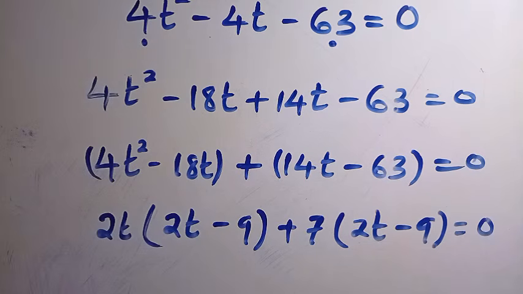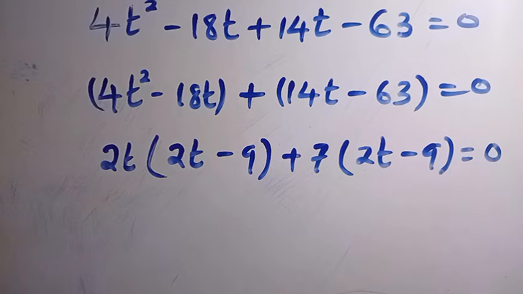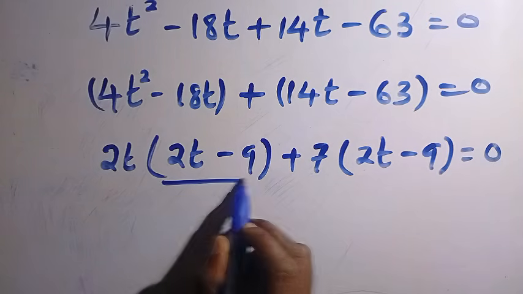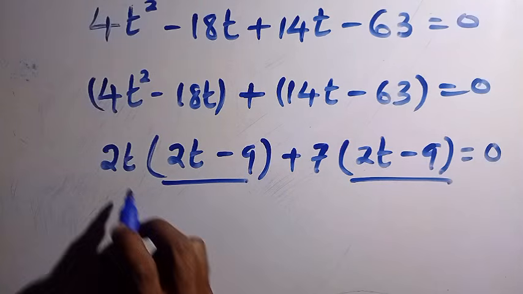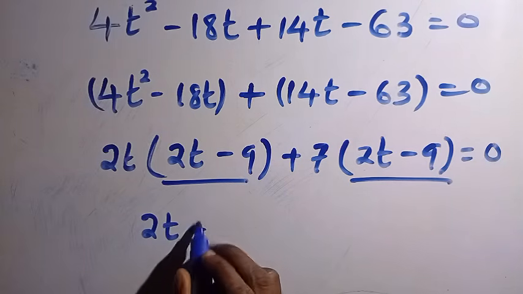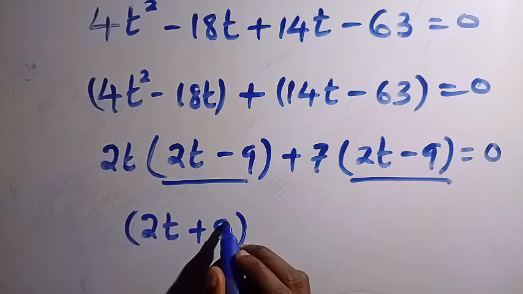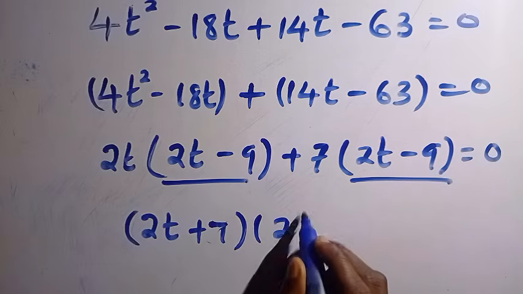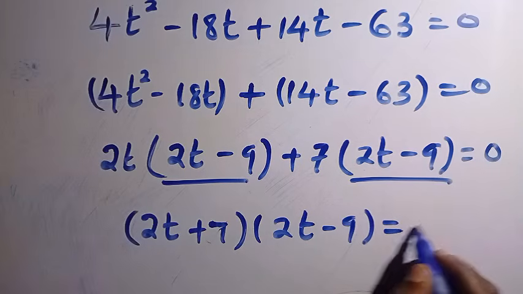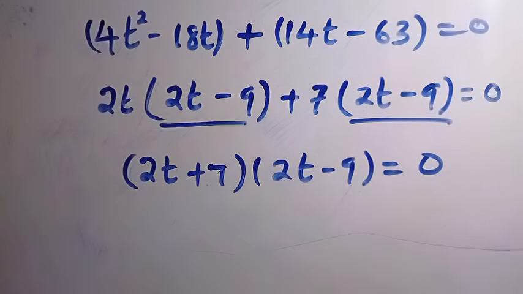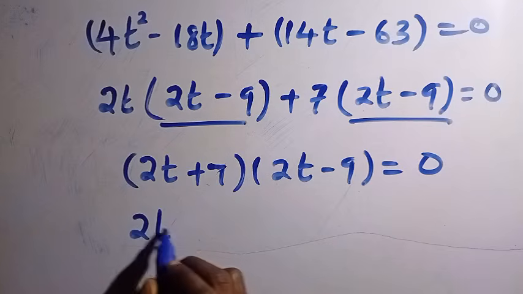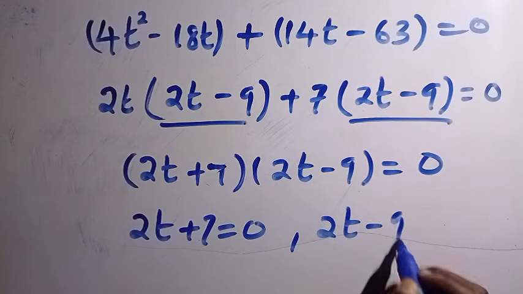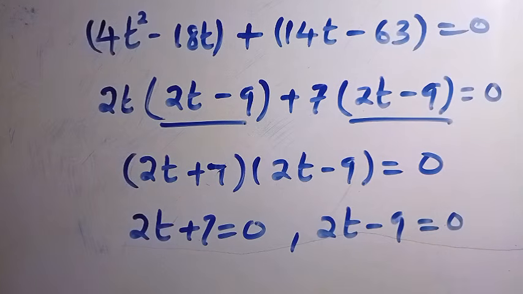So this is a very simple way of factorizing this quadratic equation. Here we have 2t and this is 7. Because 2t minus 9 is common, we take one of it, and this gives us 2t plus 7. We have 2t plus 7 multiplied by 2t minus 9 equals 0. So for the first one, 2t plus 7 equals 0, or 2t minus 9 equals 0.